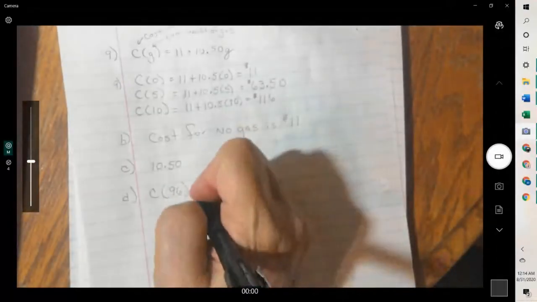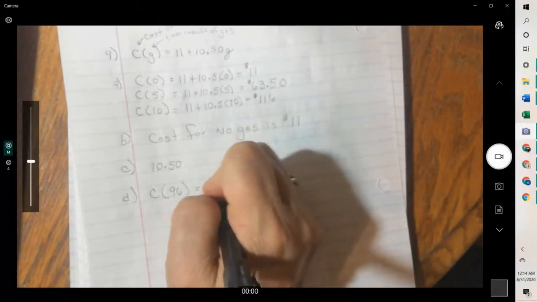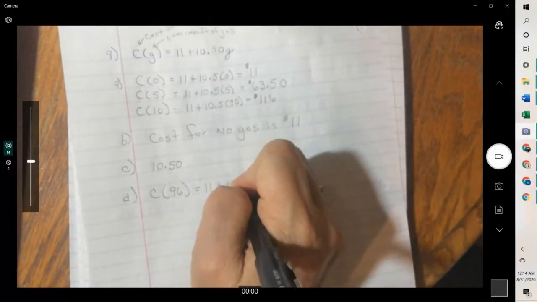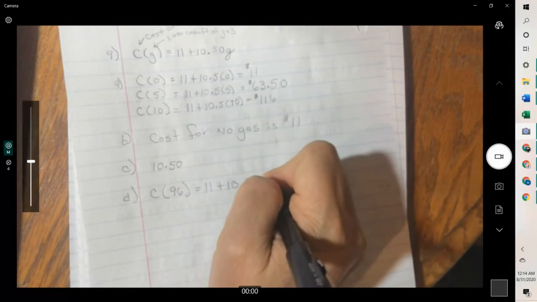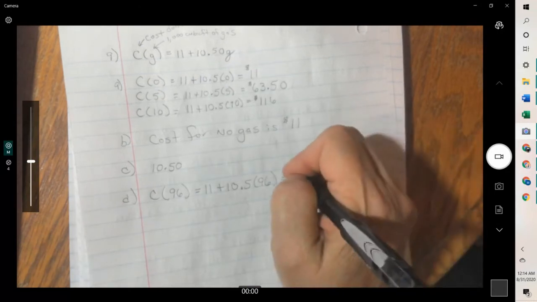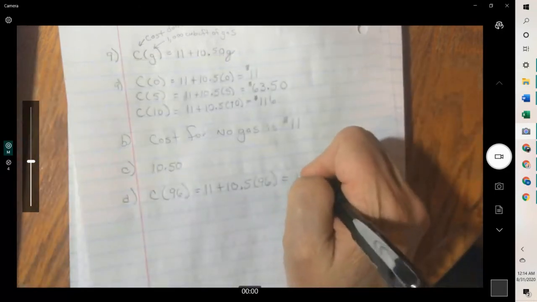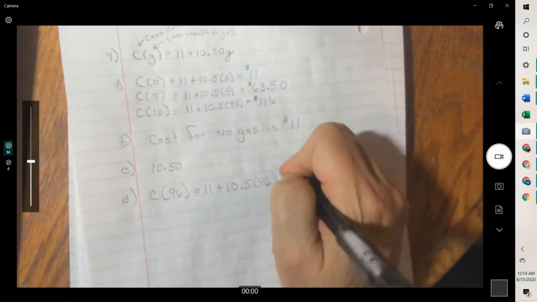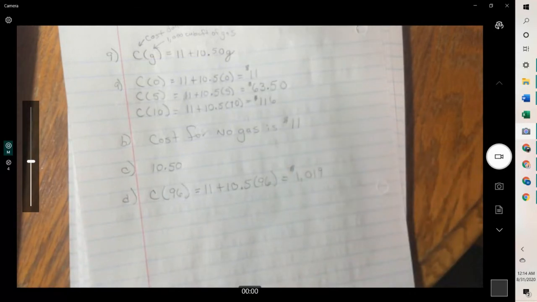We take that 1,000 out. We only plug in 96. And it's $1,019. Pretty expensive.